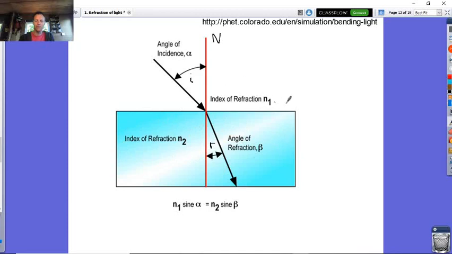Therefore, when the light travels through there, it's going to have a speed of c1. And when light goes through this one here, it's going to be a speed of c2. Now, with that, I know the refractive index of going from medium 1 to medium 2 is sine i over sine r.